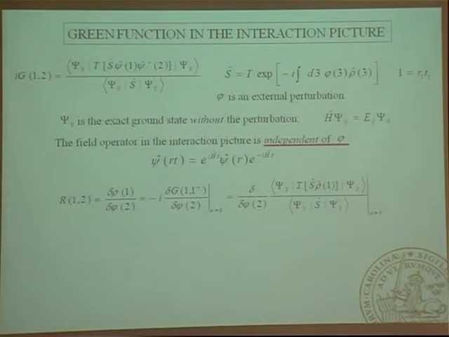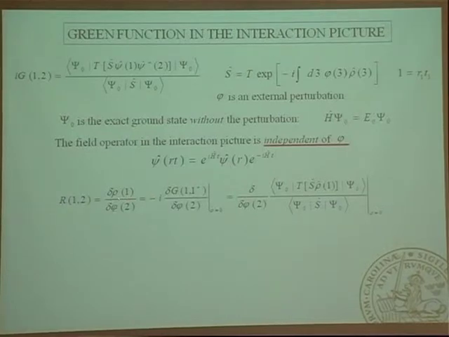So with this Green's function, it is quite easy to calculate many quantities. For example, if we want to calculate the response functions, all we have to do is just take the functional derivative of the density with respect to the field. That's the definition of the linear response function.